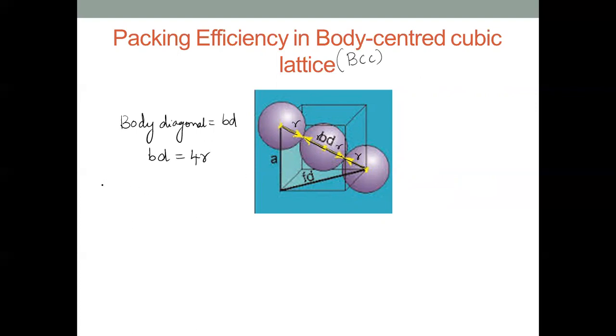And how many atoms per unit cell are there in BCC? We know that it is only 2 atoms. Right, now let's calculate the packing efficiency. If I take this triangle here, we know now that this BD is equal to 4R, which is nothing but the body diagonal, right?